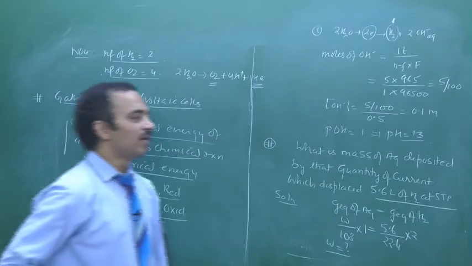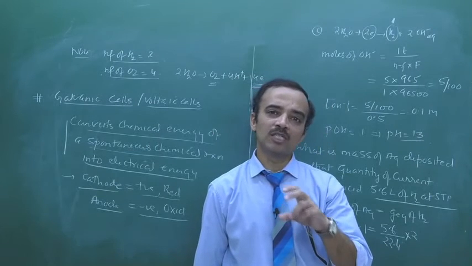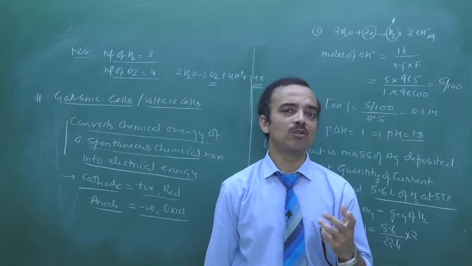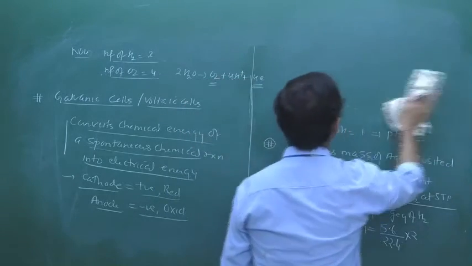Beta, the very first type of problem we get here is about oxidizing agent and reducing agent. That means we have to compare oxidizing and reducing power. Let us check how we can compare.